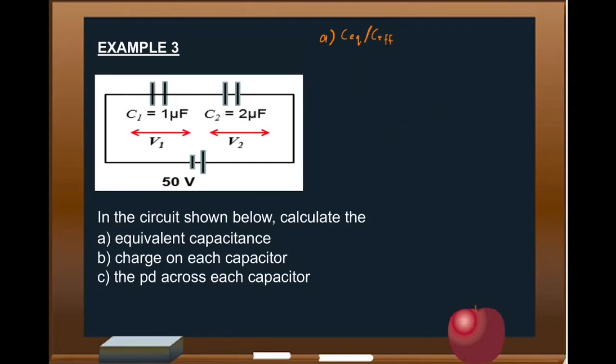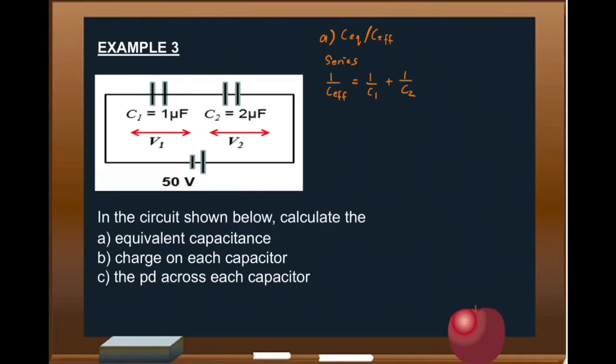From the figure, we can see that C1 and C2 are connected in series. So we know that if we have capacitors that are connected in series, the formula to find CF is 1 over CF equal to 1 over C1 plus 1 over C2.